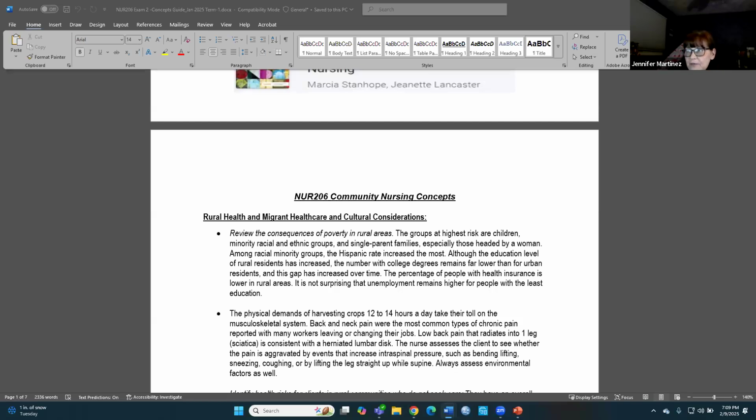When we look at the racial minority groups, the Hispanic rate has increased the most. And so working with the Hispanic population, the majority of migrant farm workers are of Mexican descent.